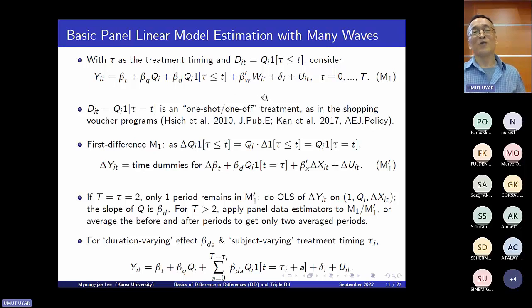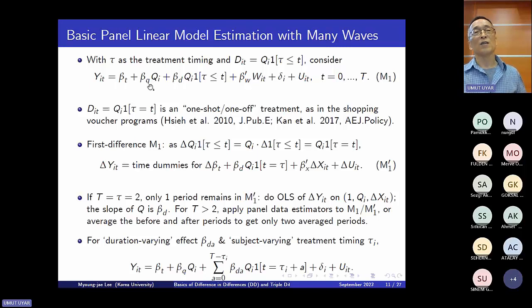In panel data estimation, people are concerned about endogeneity of treatment due to the relationship between treatment and unit-specific error. So what people do, they take the difference on this to remove this unit-specific error. If you do that, you get the first difference model. And if you difference this model, you have a difference of trend.